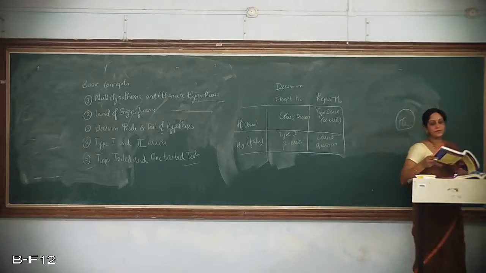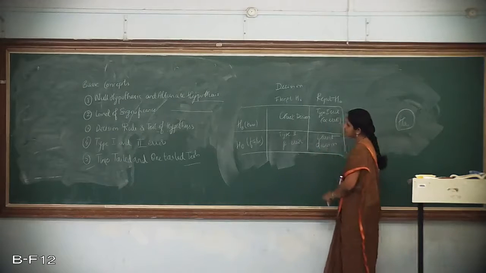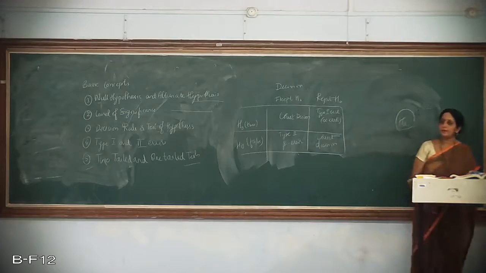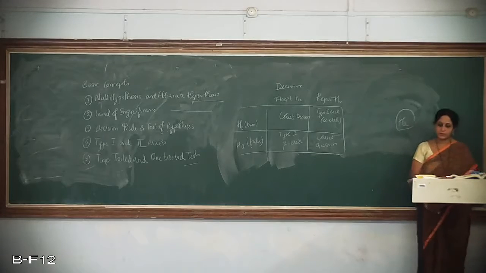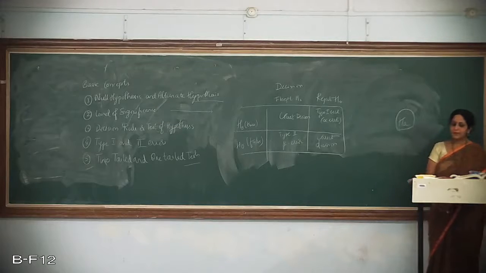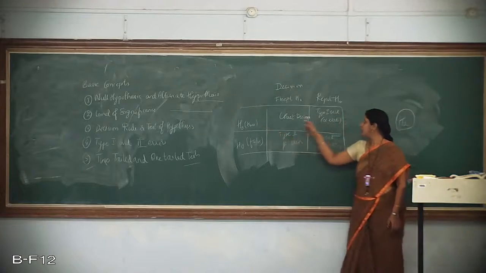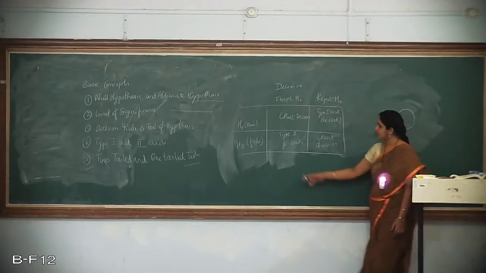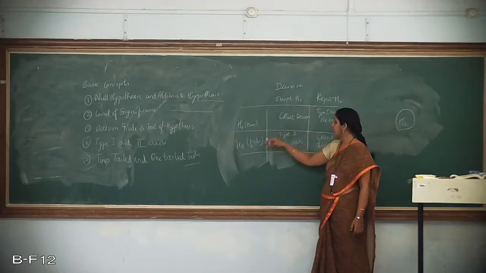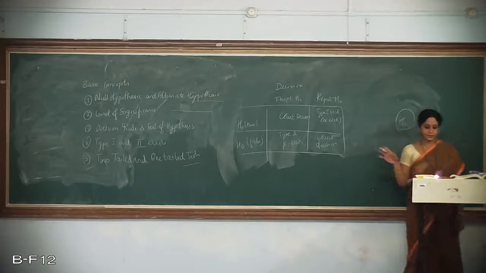In the context of testing of hypothesis, these two are the important types of errors that one needs to understand, because much of the data may fall within this format of decision with respect to the null hypothesis. If we reject H naught when it is true, then it is called type 1 error. If we accept H naught when the null hypothesis is false, then we call it type 2 error.